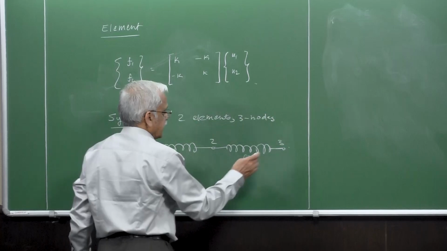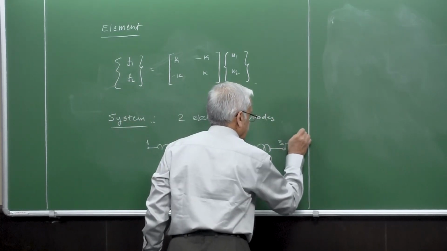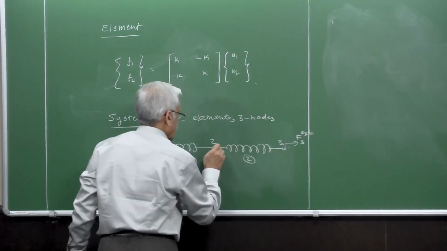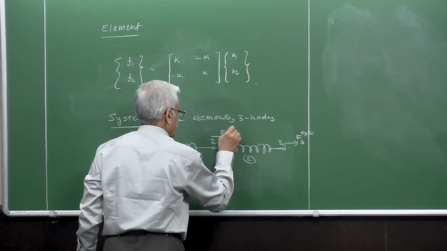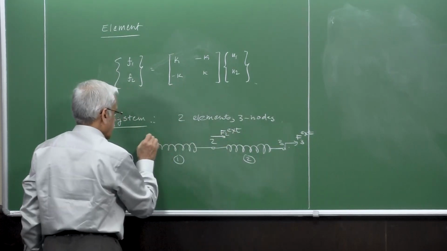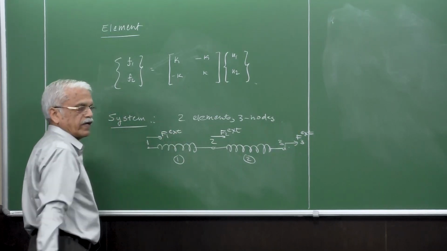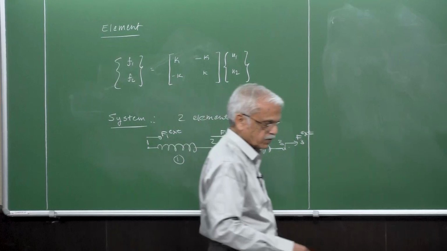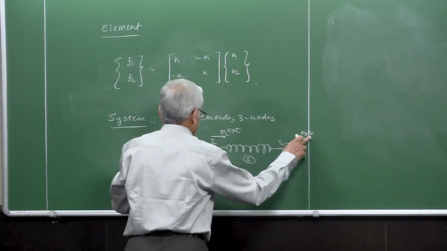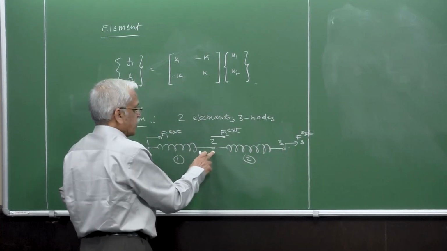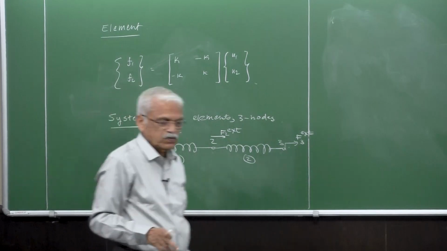And then there can be external forces here, F3 external, and here F2 external superscript, and F1. Essentially what we are trying to get is a relationship between these external forces and the displacements of nodes 1, 2 and 3, the U1, U2, U3.